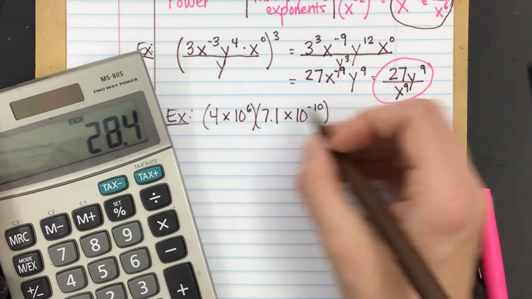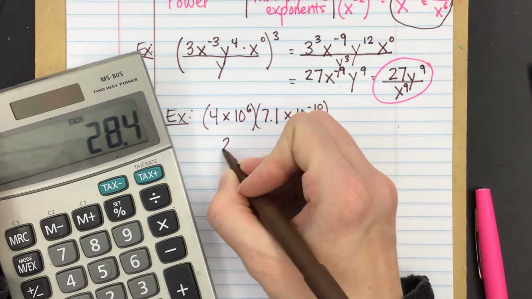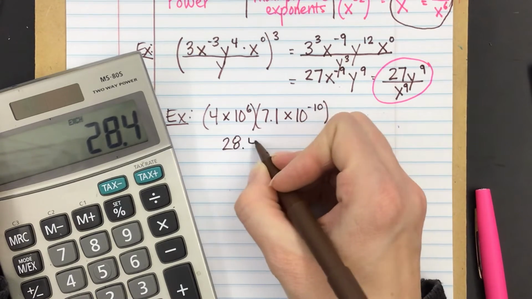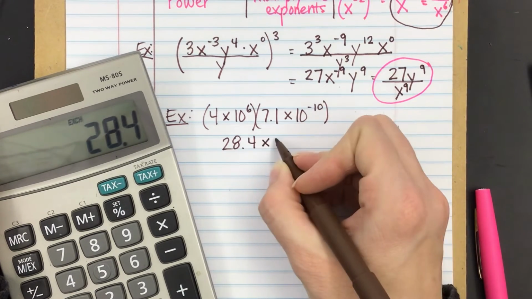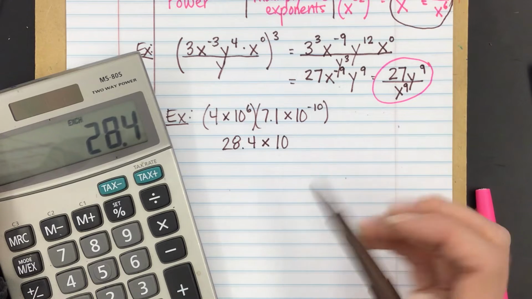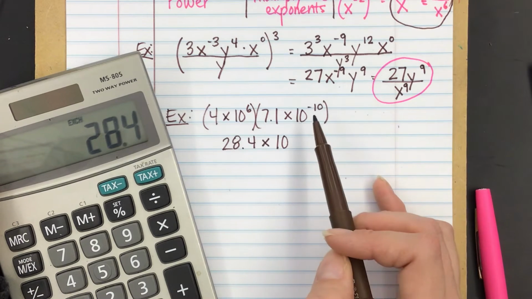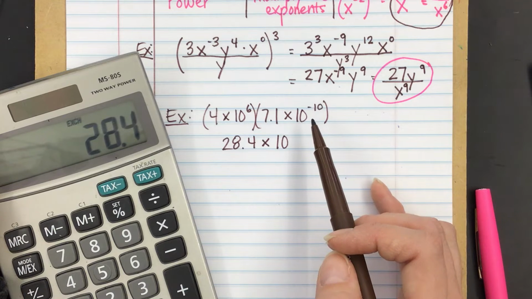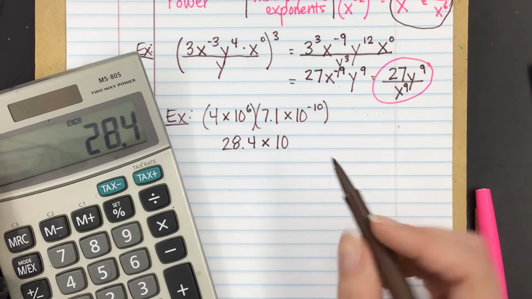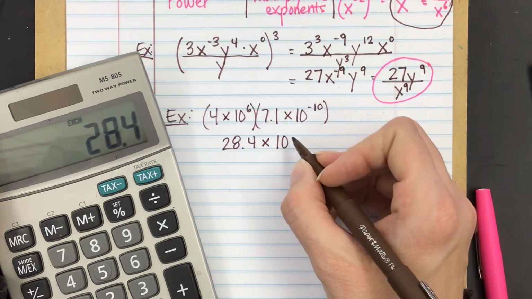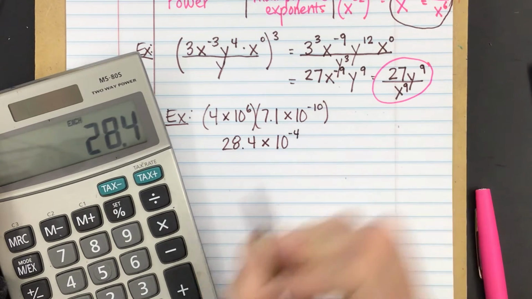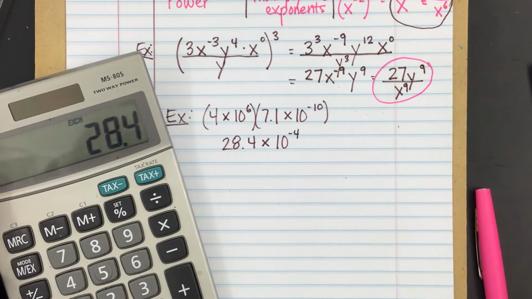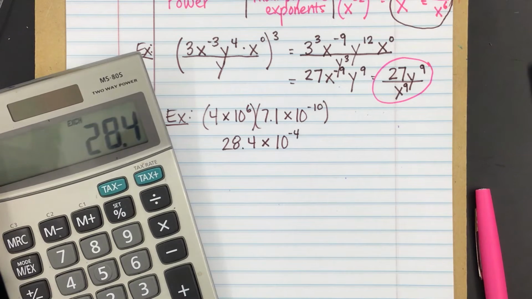So what we get when we multiply that together is we get 28.4 times 10. And when you're multiplying exponents that have the same base, what do you do? You add. So what should my exponent be on this? -4. Awesome.